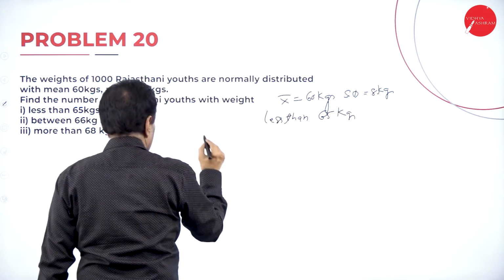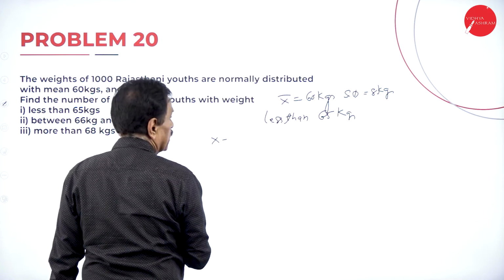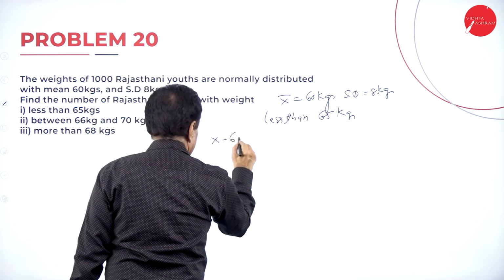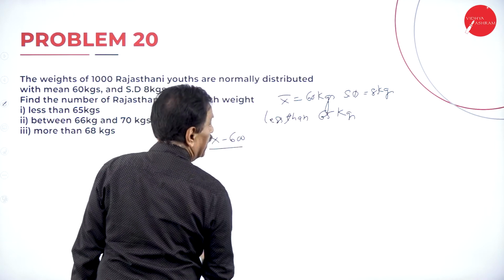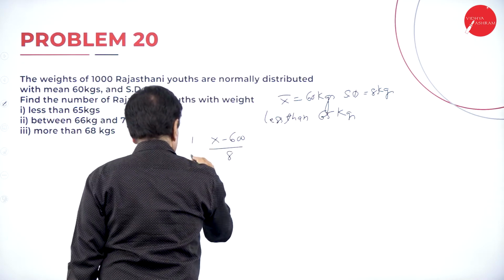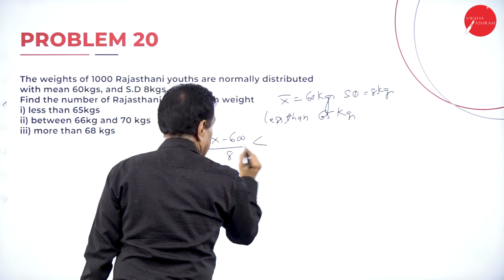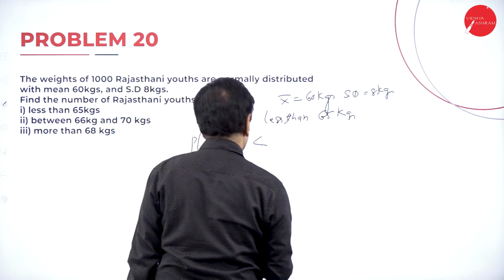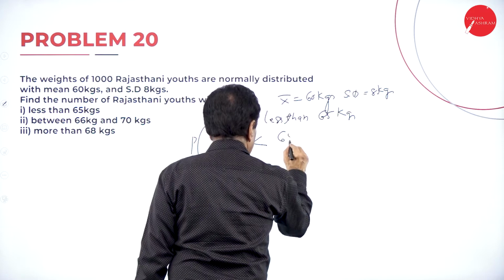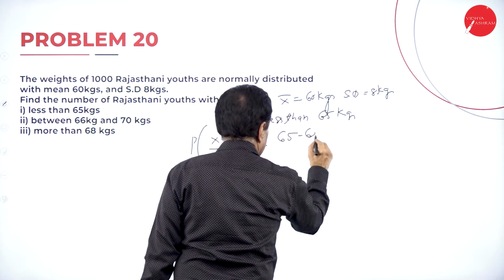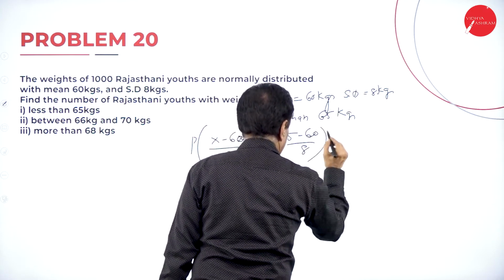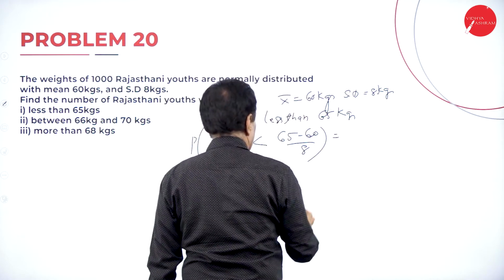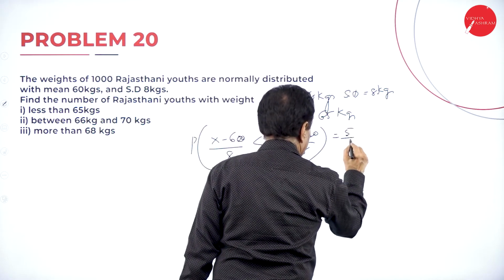Apply X minus, what's your mean? 60, divided by standard deviation 8, less than 65 minus 60 divided by 8, is equal to 5 divided by 8.